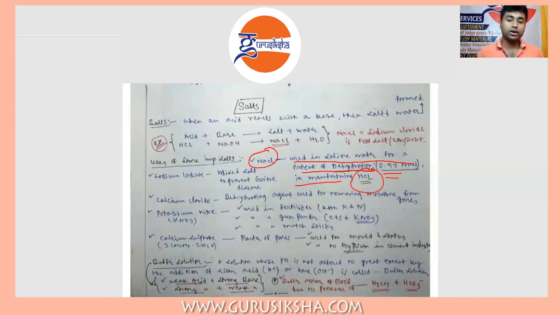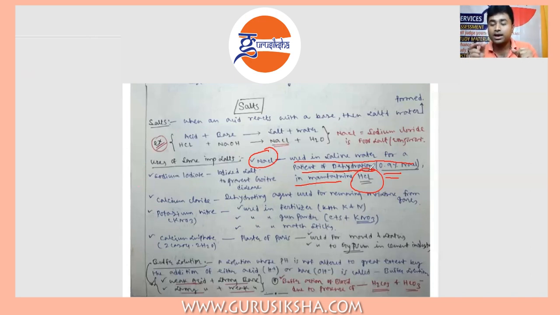If a man sweats a lot in warm summer time, the pH level in the body decreases and acid forms in the body, called hydrochloric acid. Due to the acid formation, dehydration occurs. So to control this dehydration, we definitely use saline water.